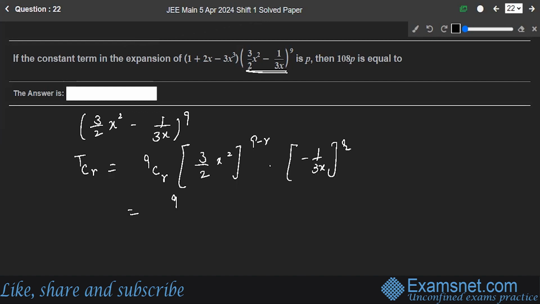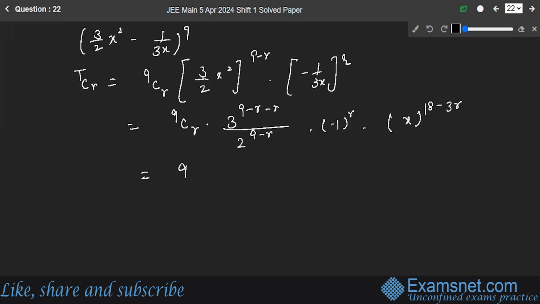So this is equal to 9Cr into 3 power 9 minus r upon 2 power 9 minus r, into minus 1 raised to power r, x raised to power 18 minus 3r.